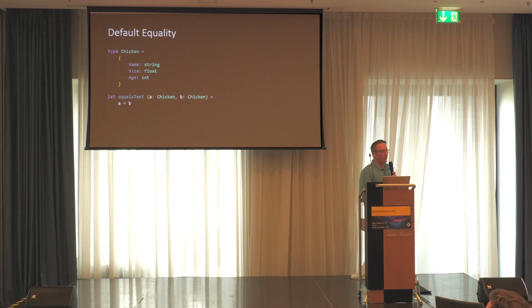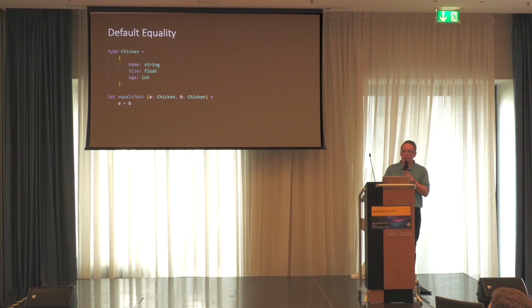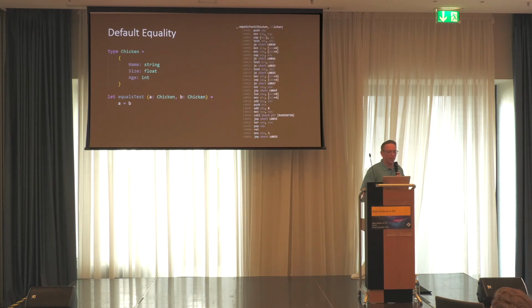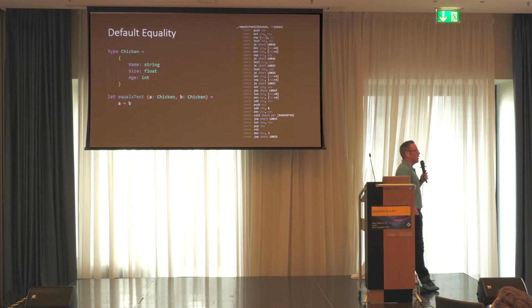So we have an example of me defining a record chicken, it returns, and then we have this function which is saying equals test. And I have chicken A and I have chicken B, and I'm going to say, is chicken A equal to chicken B? And we will look at the x86 that is emitted for that. That's a lot of x86, I'm not going to lie, for something as simple as an equal operator.